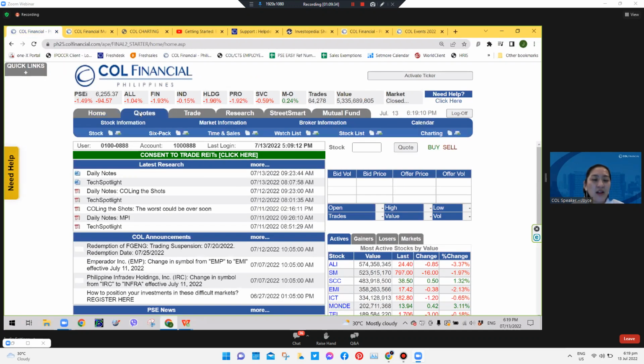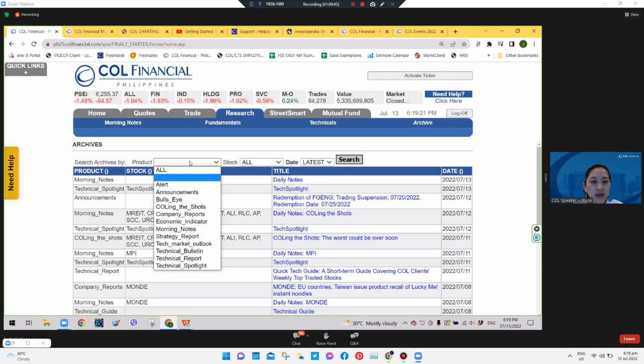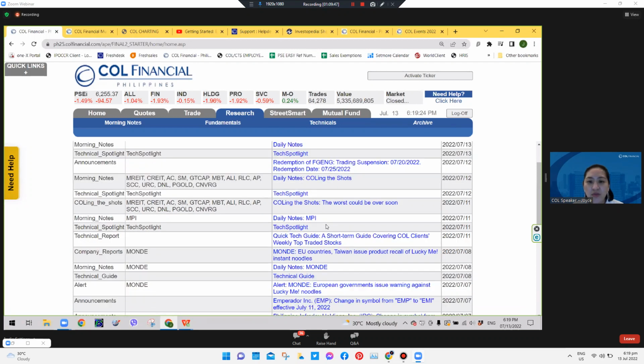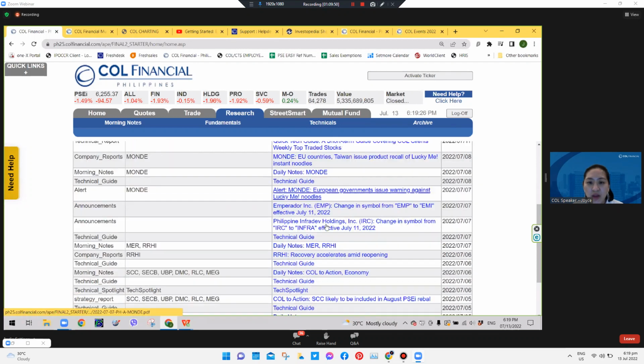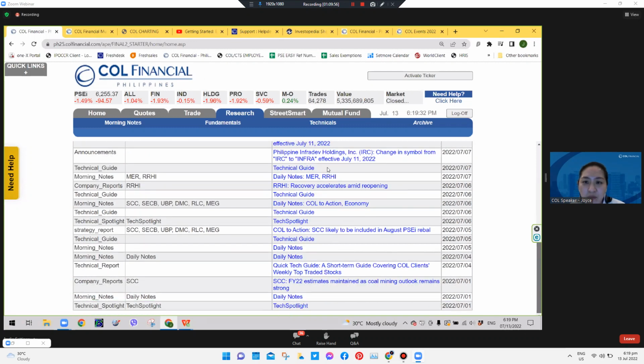And then you can take a look at this research report. Go to research, go to the archive. This is what I would want you to take a look at. It's called the REIT snapshot. Let me just find that for you.